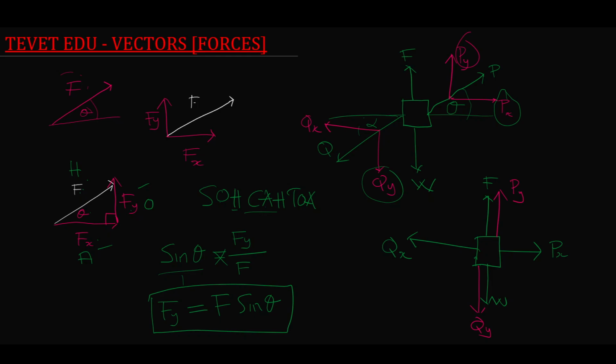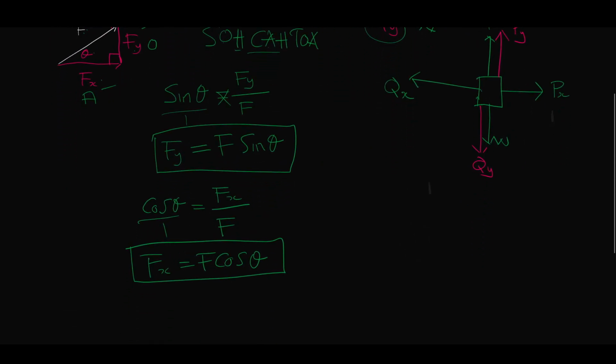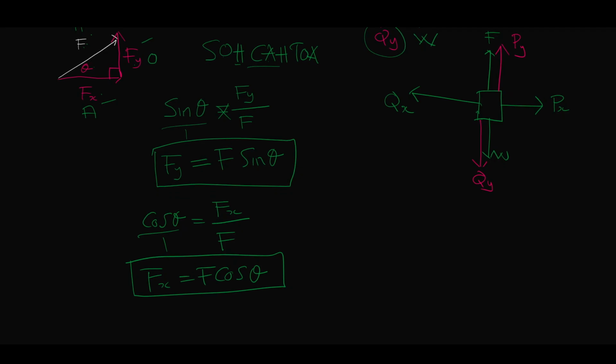Okay, so from this we can now write equations. In the x-axis we only have two forces that are acting, so the summation of forces in the x-axis is equal to Qx minus Px, because they are acting in opposite directions.